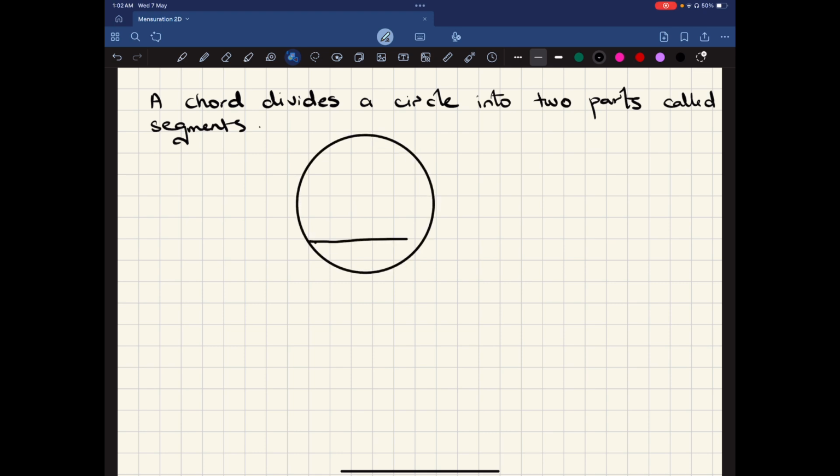So this is a chord. This line is the chord, and this is the major segment. And this is the minor segment. The larger part is called the major segment, and the smaller part is called the minor segment.